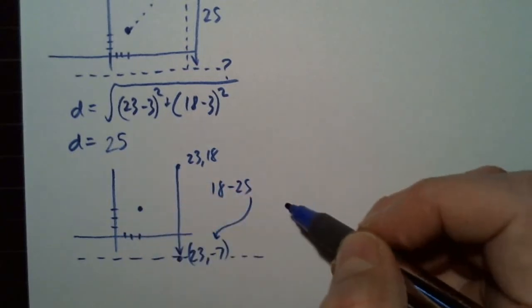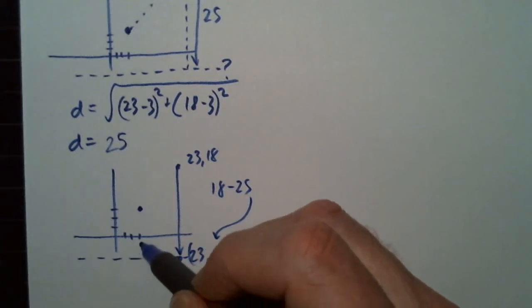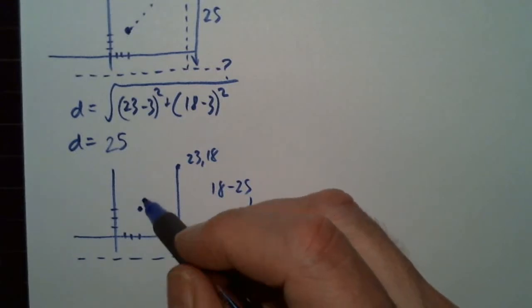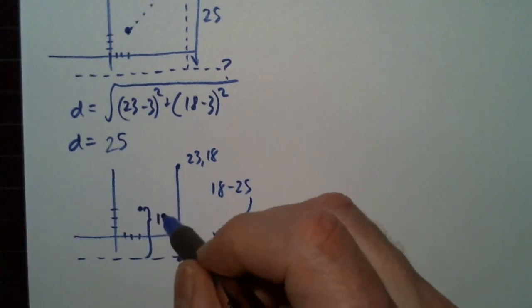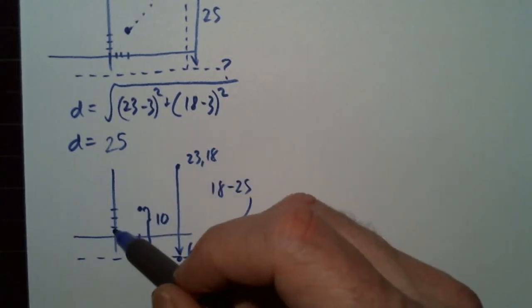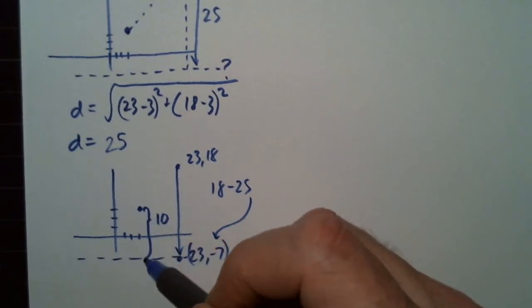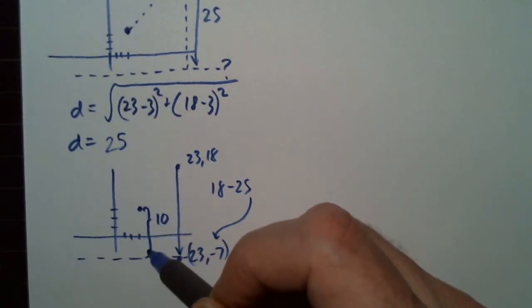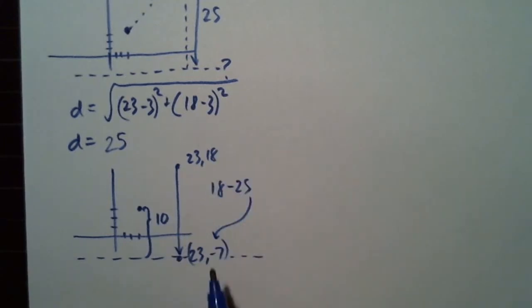We know where the focus is. So we go up 3, down 7, and that is the total distance between the focus and the directrix. That's 10, because we're going up 3, and we're also going down 7. This is 10.